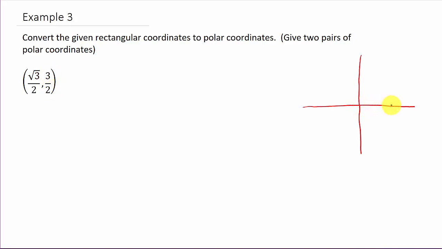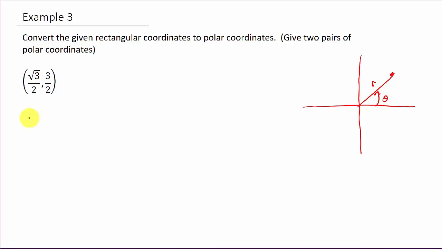I go over square root of 3 over 2 to the right and then go up 3 halves. There's my point, in the first quadrant. Alright, so we need to find r, and we need to find theta. So of course this would be r, and this would be theta.